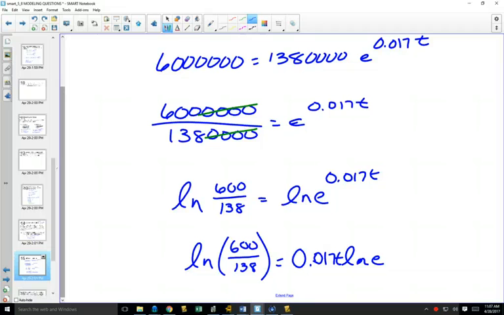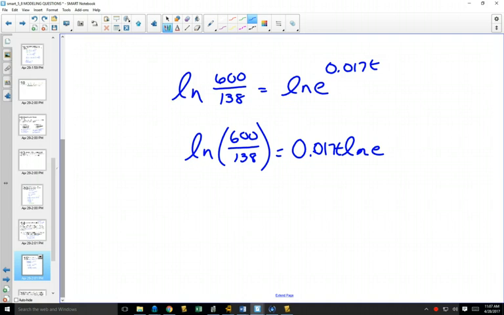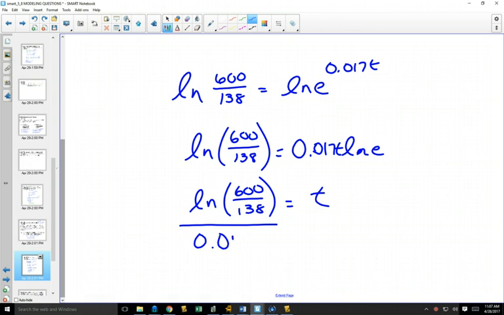Now the nice thing about using the natural log here is the natural log of e is equal to 1. So when we're dividing to get t by itself, the only thing you would need to divide by is the 0.017, since this equals 1.